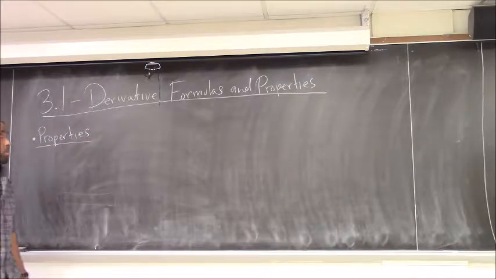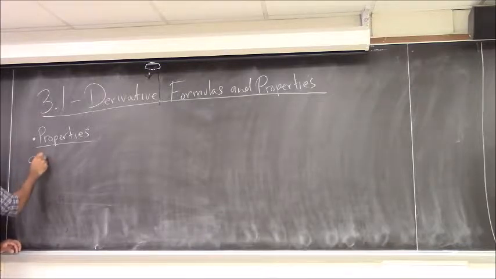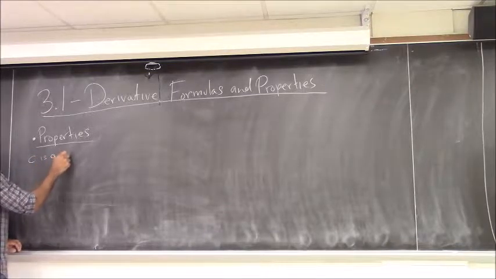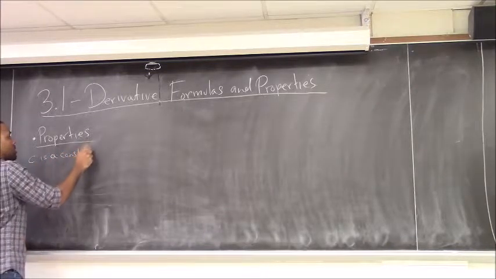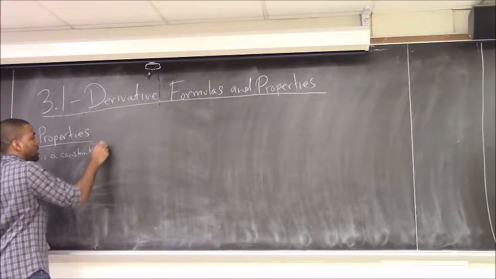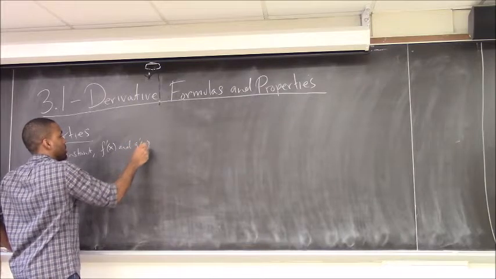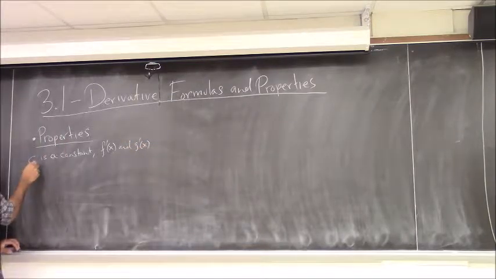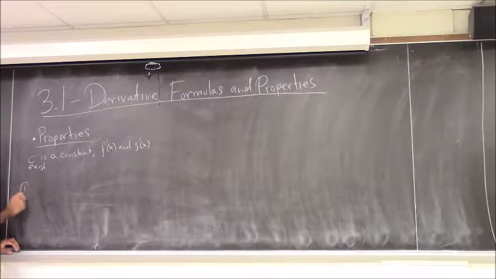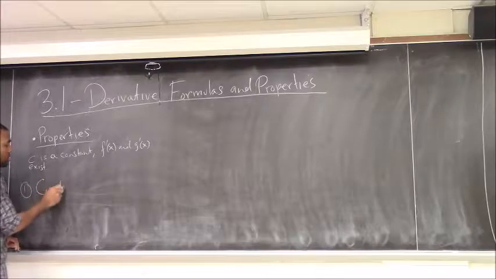Two main ones we care about. Let c be a constant, and suppose f prime and g prime exist. Then we have one property that's called the constant factor rule.